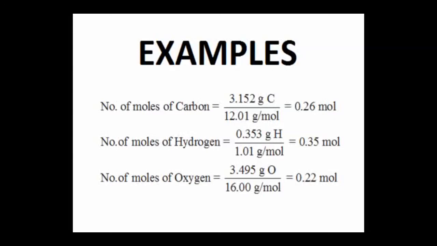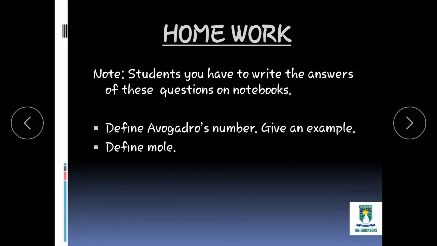Put these values in the formula, you will get number of moles of oxygen equals 3.495 grams of oxygen divided by 16.00 grams per mole. You will get the answer 0.22 moles. So from this we can say that 3.495 grams of oxygen will contain 0.22 moles of oxygen.